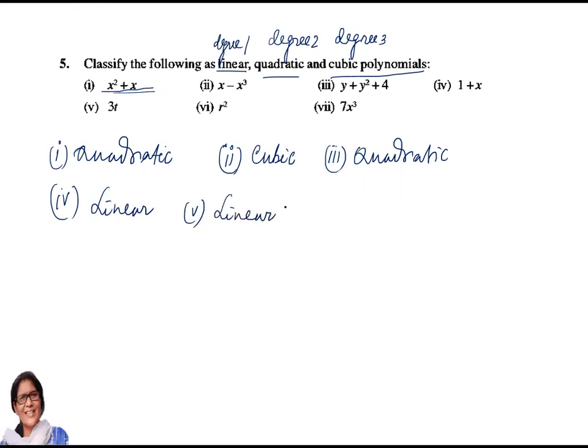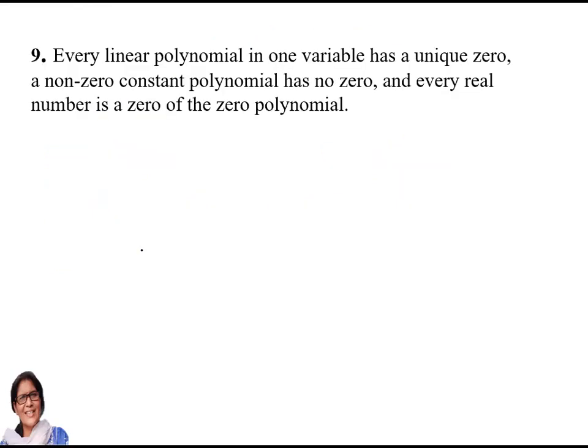Sixth one, quadratic. Seventh one, correct. It is cubic. Next is zero of a polynomial.